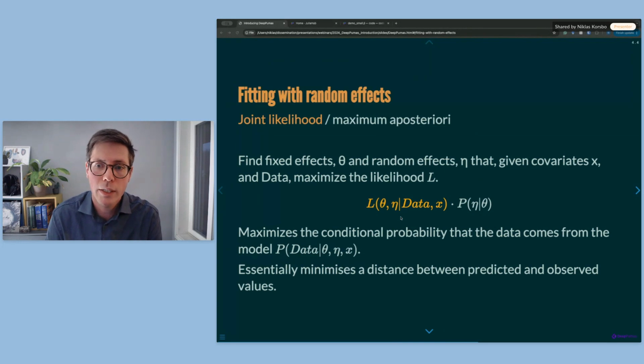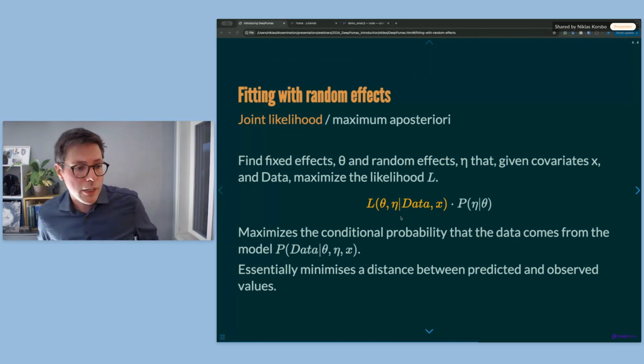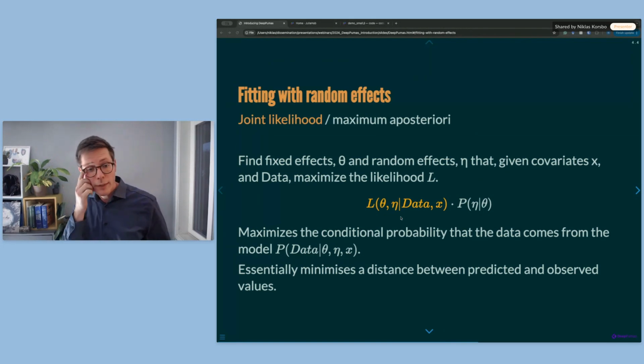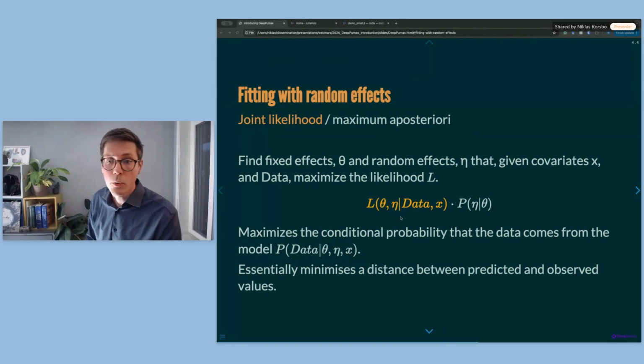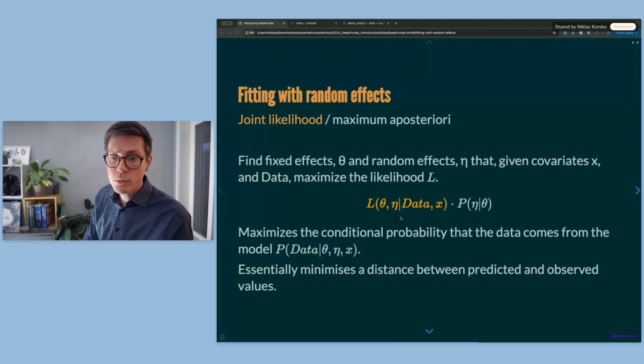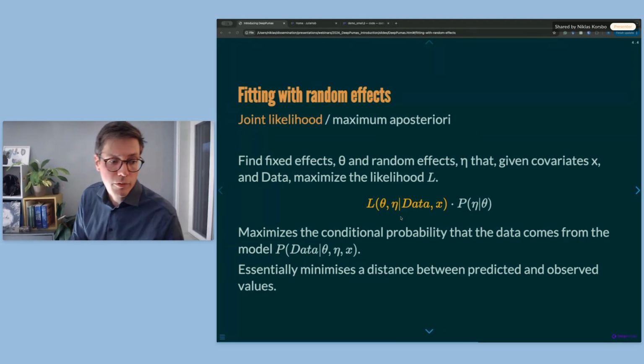But essentially, it is a minimization of a prediction error. This maximizes the joint probability that the data comes from the model. So you just tune the fixed effects, tune the random effects, such that the model is as close as possible to your data.